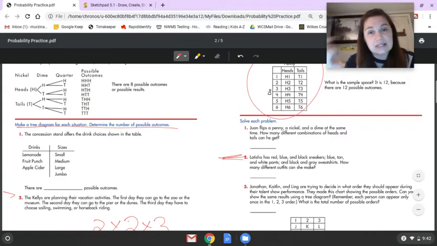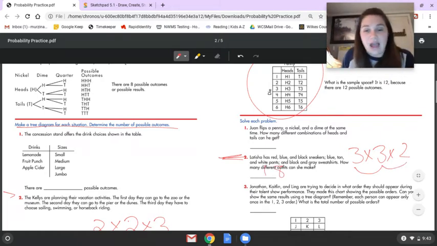You can list it all out in your tree diagram and come up with your sample space, or you can use the fundamental counting principle and say that she has 3 outcomes for the shoes, 3 options for pants, and 2 options for shirts. If we multiply this out, we get 3 times 3 is 9, and 9 times 2 is 18.